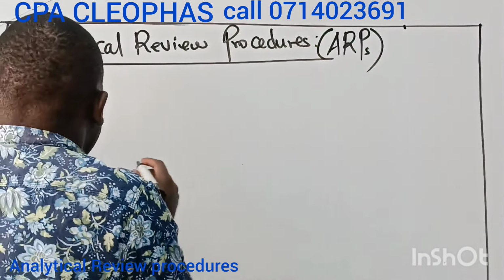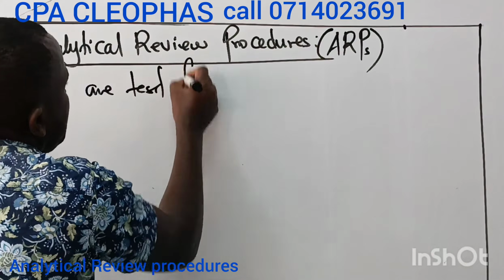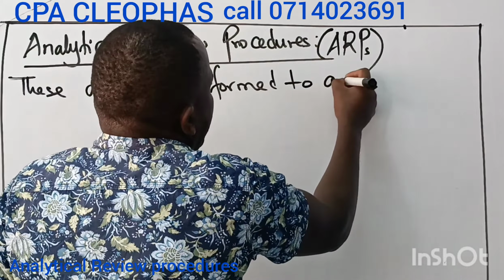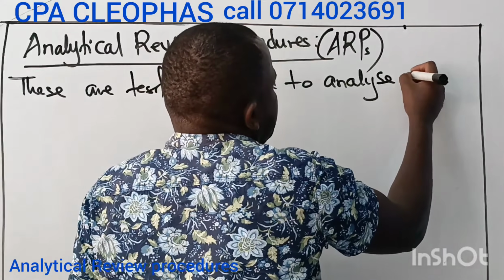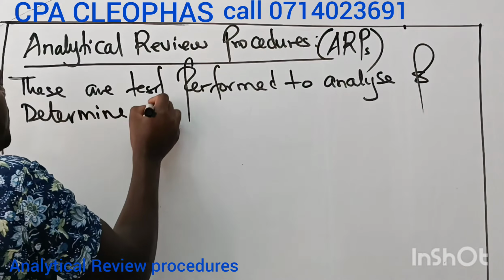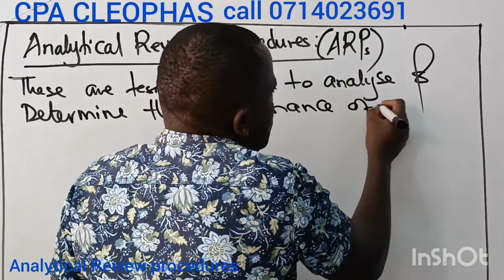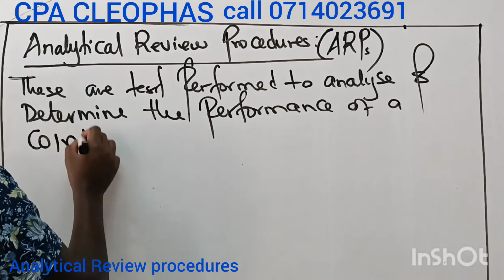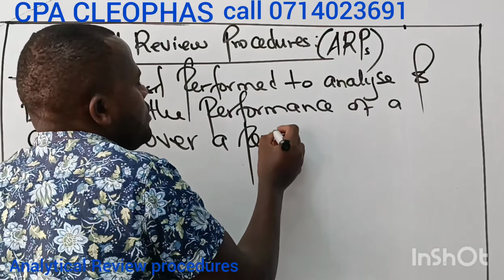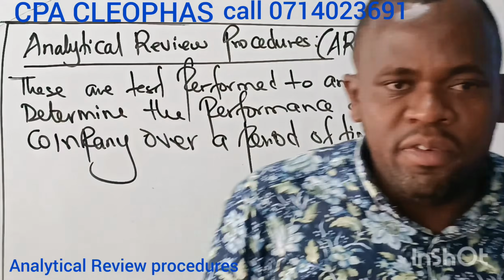In simple terms, you can say these are tests which are performed to analyze or determine the performance of a company over a period of time. So that is analytical review procedures.